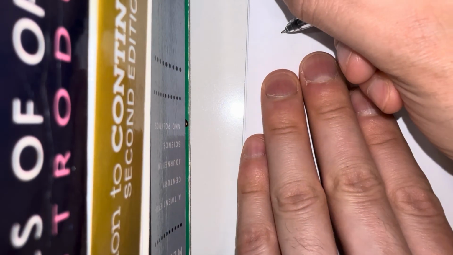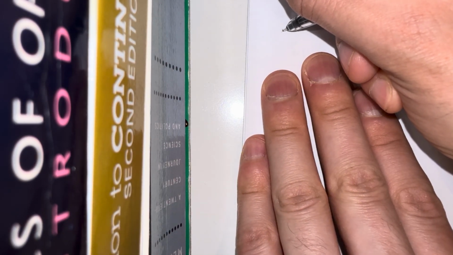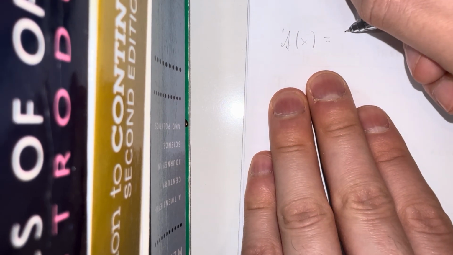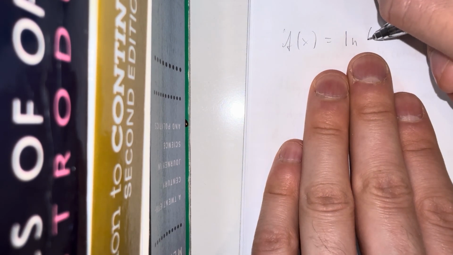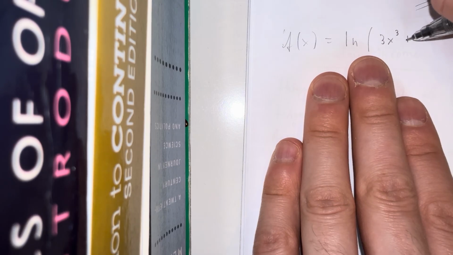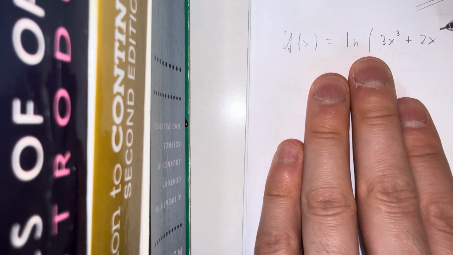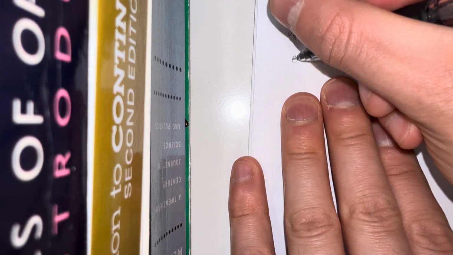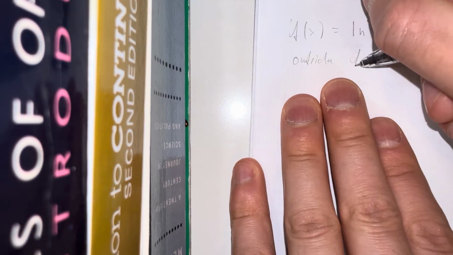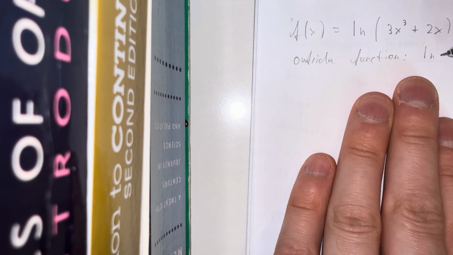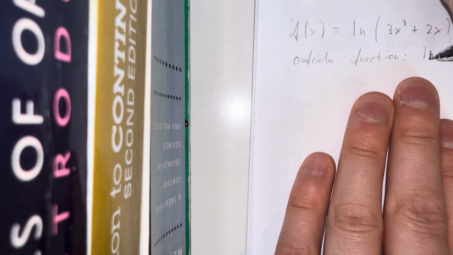Let's do a logarithmic example. So we have some function f of x is equal to the natural log of 3x cubed plus 2x. Our outside function is the natural log function.